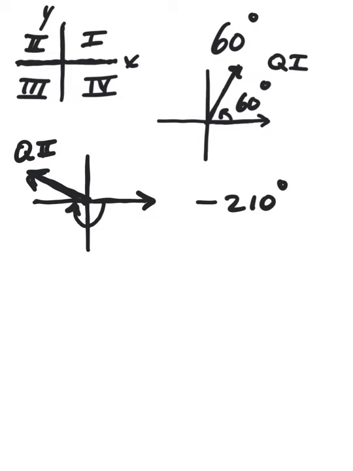Once you have an angle constructed in standard form, there are other angles that start and stop at the same location, and those are called coterminal angles. For example, let's look at 120.